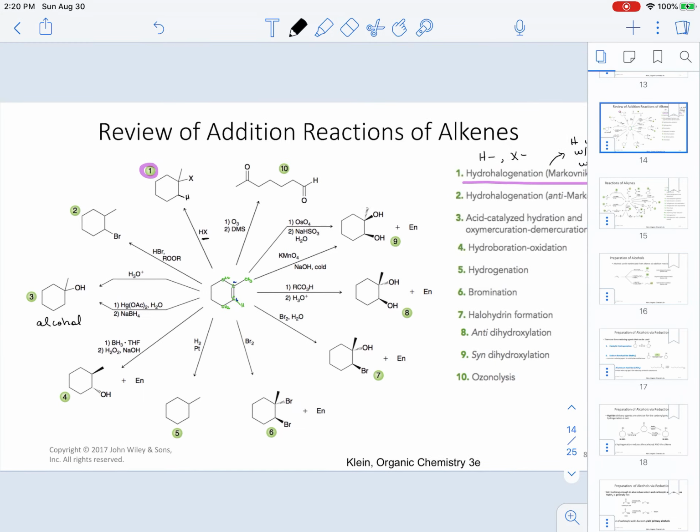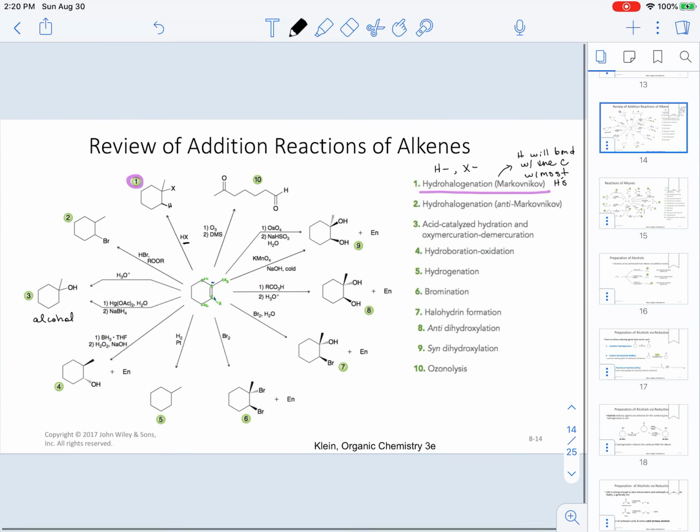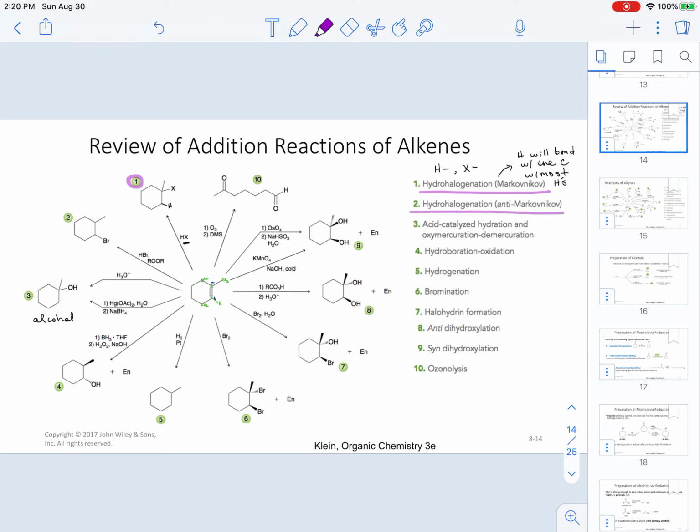Let's move on to the second one. In the second reaction, which I'm highlighting right now, and again the reactions are placed counterclockwise, we have hydrohalogenation, but this is anti-Markovnikov. What this means is that in an anti-Markovnikov fashion, the H will bond to the carbon with the least number of hydrogens.